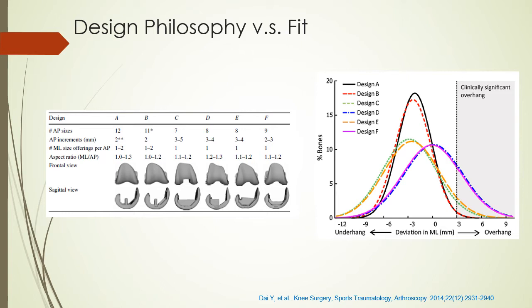So very, very minimum risk of clinically significant overhang. Compared to the other 4 designs, there is significantly higher incidence of overhanging beyond 3 millimeters. So this demonstrates how multiple aspect ratios can help improve anatomic fit of the distal femur.